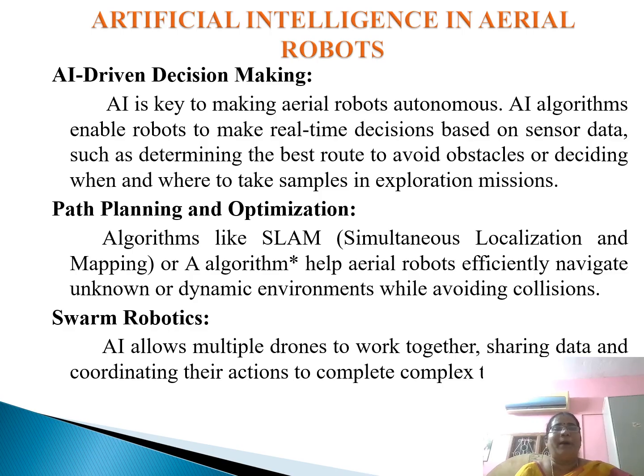Next, path planning and optimization: algorithms like simultaneous localization and mapping or the A* algorithm help aerial robots efficiently navigate unknown or dynamic environments while avoiding collisions. Swarm robotics: AI allows multiple drones to work together, sharing data and coordinating their actions to complete complex functions.